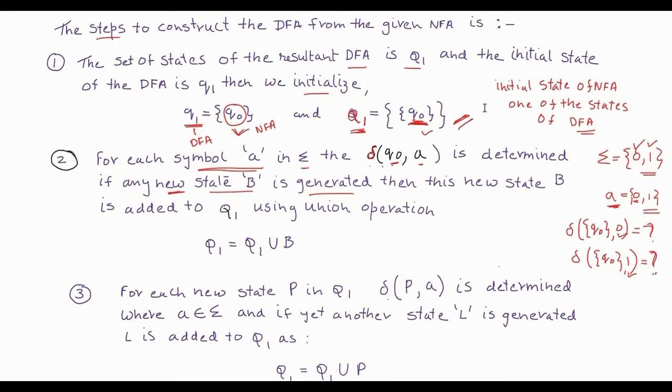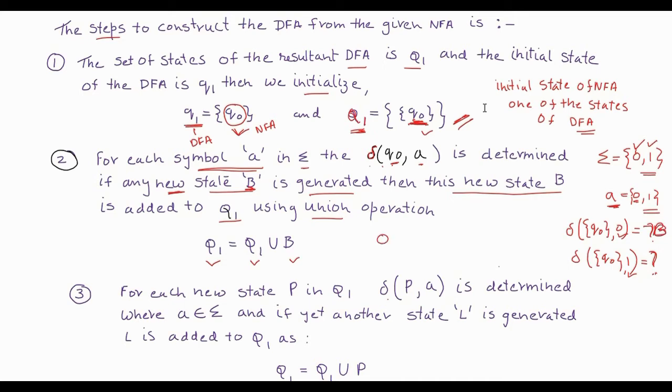If any new state, let us say B, is generated, then this new state B is added to Q1 using the union operation. So the new value of Q1 will be the old Q1 union B. With regard to our example, suppose one of the states generated is B, and B is a new state.